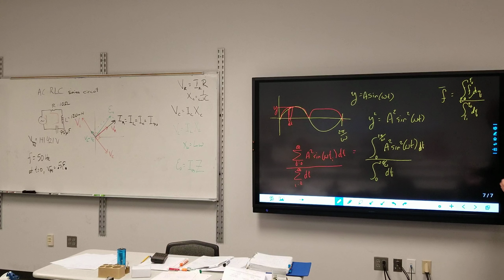So all we have to do is do this little integral right here. A kind of comes out. So I got a squared times the integral of sine squared omega t dt over, well, that one I'll do. That is going to be t from 0 to 2 pi over omega. All right, I did the second integral.